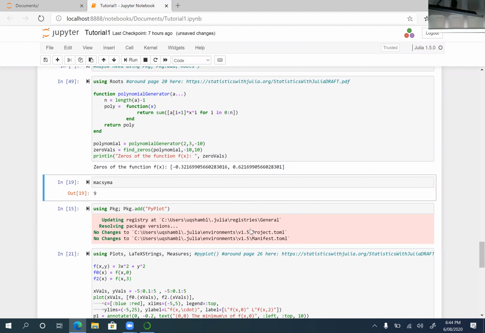So I'll note that on the system at home, on my desktop system, I'm using a different version of Julia, which was JuliaPro. And I didn't have any problem loading PyPlot there. So the next function worked okay. But here in Julia 1.5.0, it didn't quite work out for some reason.